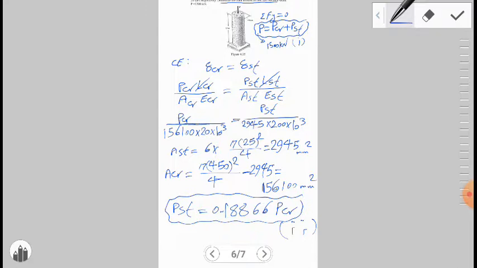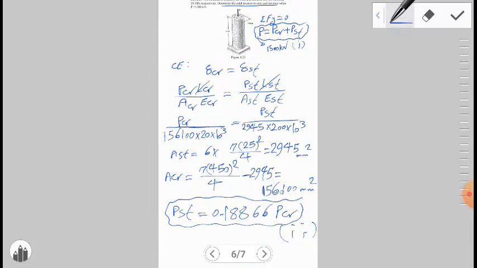Now we have one equation here, equation number 1, and we have another equation here: P steel is equal to 0.18866 P concrete. Two equations, two unknowns.